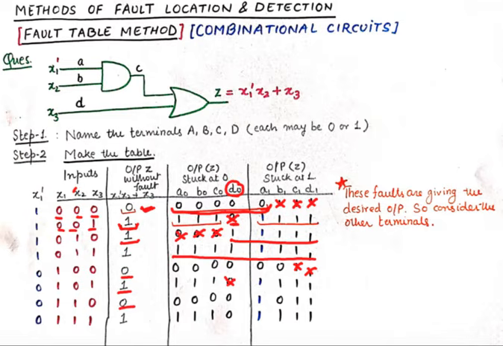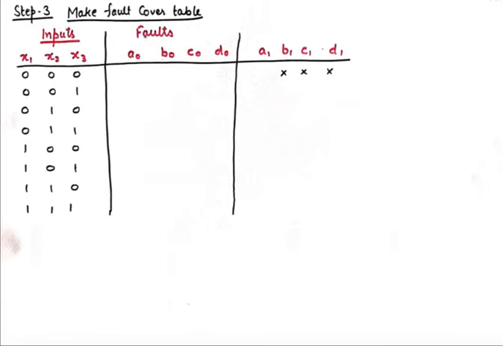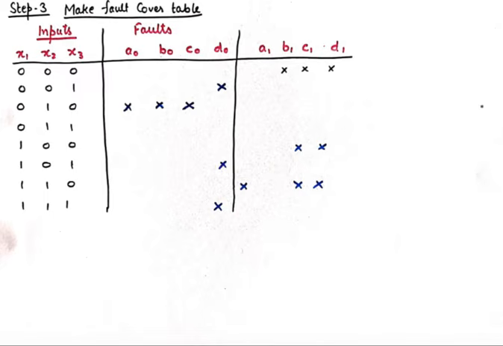The output is 0, so this is causing trouble. This and this is causing trouble. We need the output 1. It is 1, 1, 1 here. This is trouble. This is okay. So that is how we have populated our next table, which is the faults table. And it looks something like this, right?